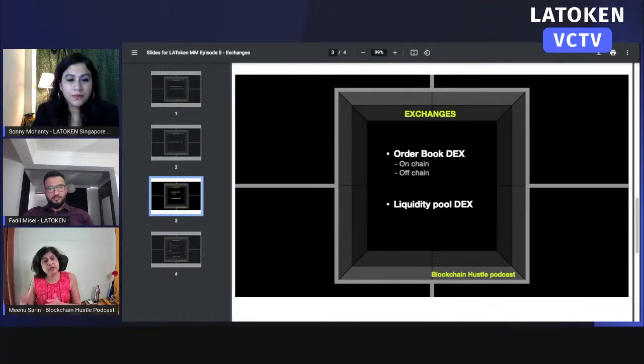The order book stuff is off-chain. That's the difference here. This makes the speed a little bit faster than the on-chain order book DEX.